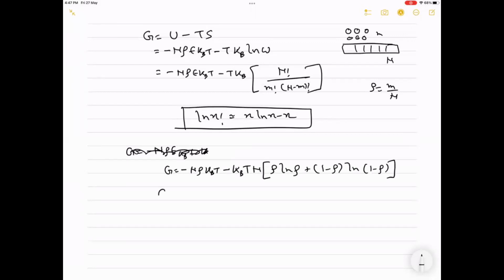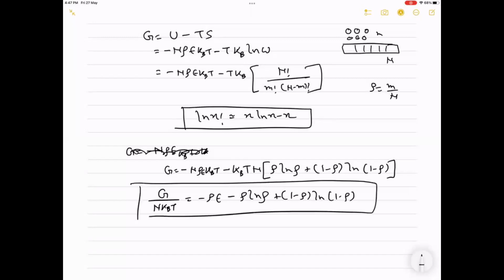Okay, and we can write down everything like this: G over n kBT is equal to minus rho epsilon, there was also epsilon, rho epsilon and minus rho ln rho plus 1 minus rho ln 1 minus rho. You can check it out. Okay. So this is the expression for the free energy we have got.